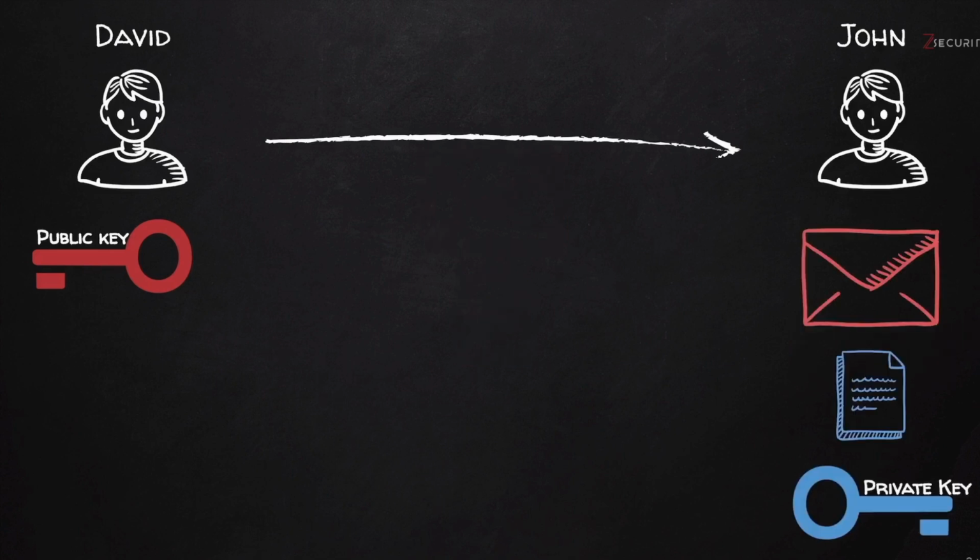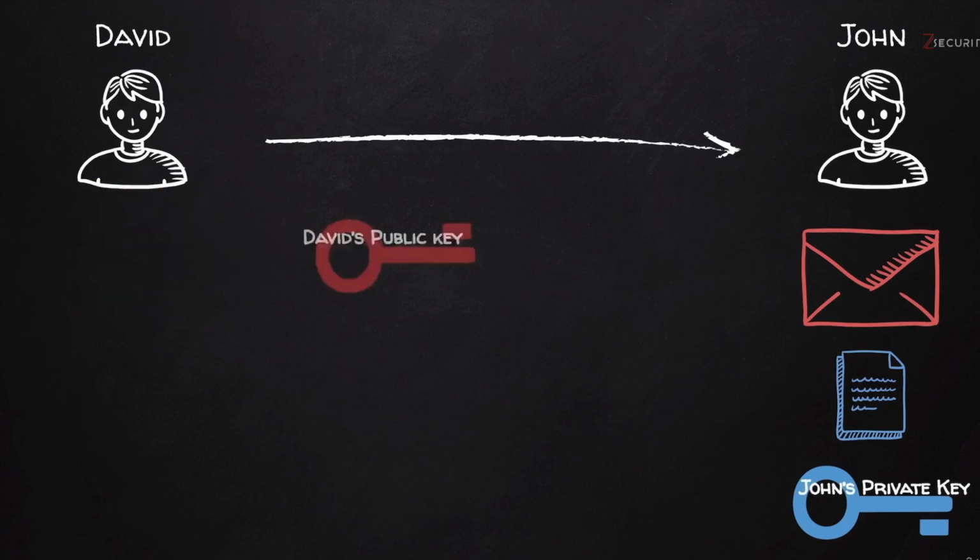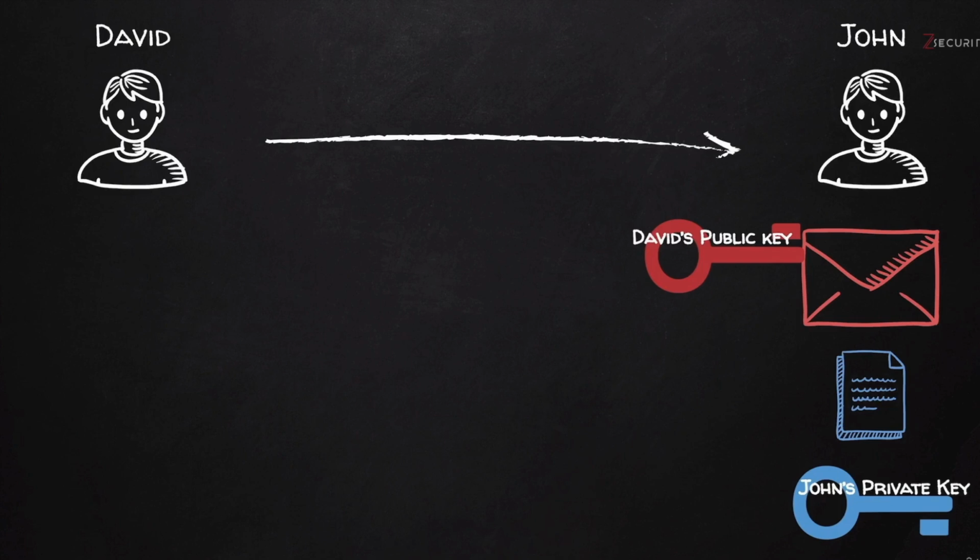John is going to receive the message along with its signature. And before decrypting this message with his own private key, what he's going to do is he's going to use David's public key in order to verify the signature. So like I said, the signature was created with David's private key, and John doesn't have David's private key, but he's going to use David's public key to verify the signature.